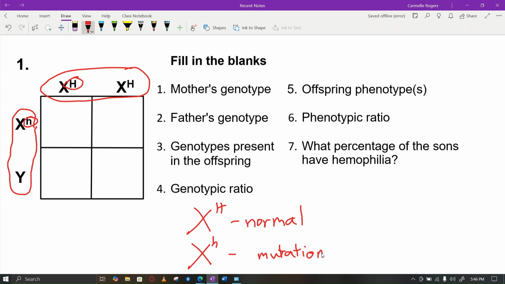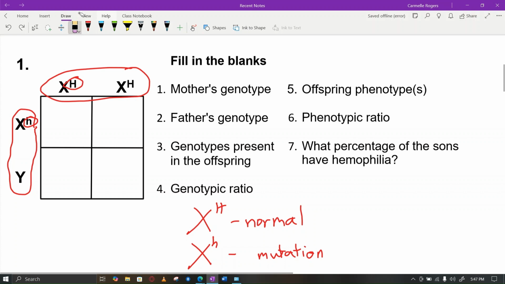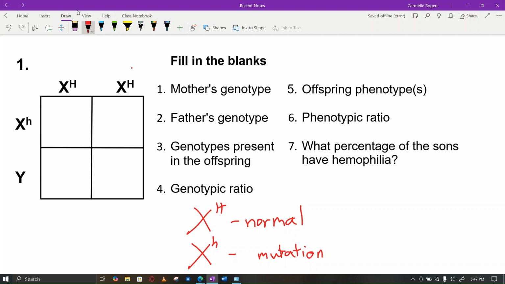All right. And when we go ahead and do our cross, let me just clear off some information here. We will do the upper left. Mother donates an X with the capital H. The father donates an X with the lowercase h. So this individual has 2 X's.